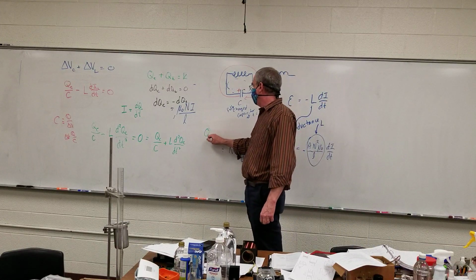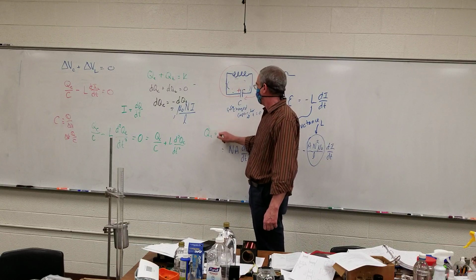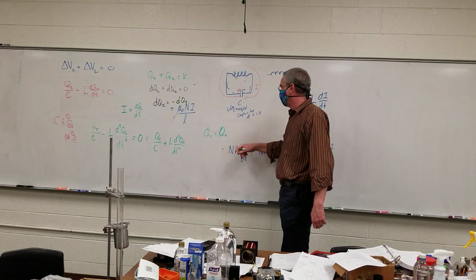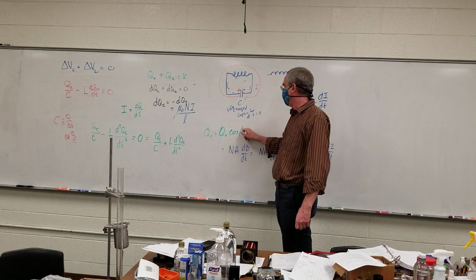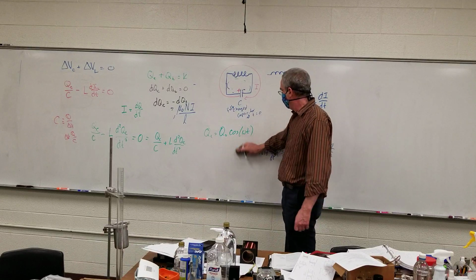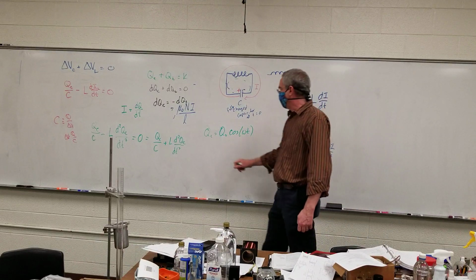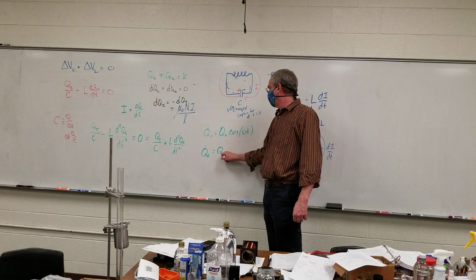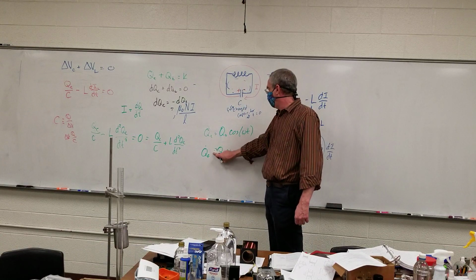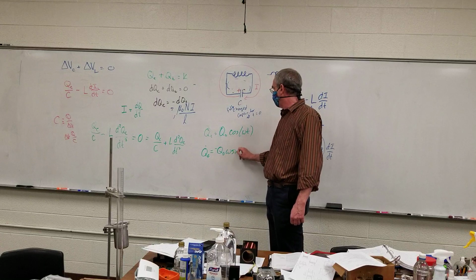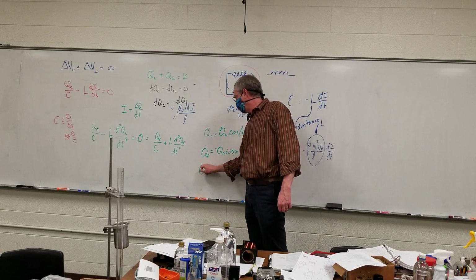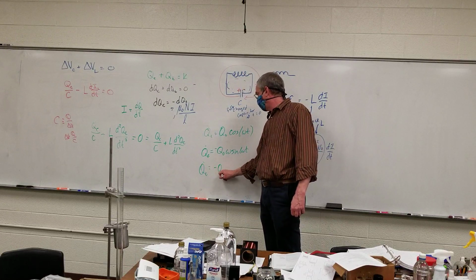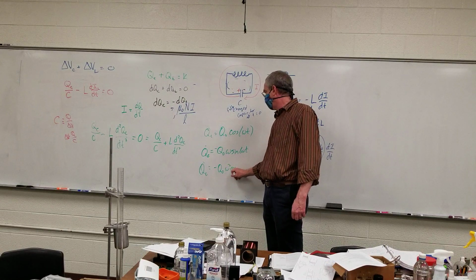So if we let QC equal some amplitude, let's call it Q sub 0, cosine of omega t, then my first derivative would be Q naught omega negative sine omega t. And then my second derivative with respect to time, negative Q naught omega squared cosine omega t.